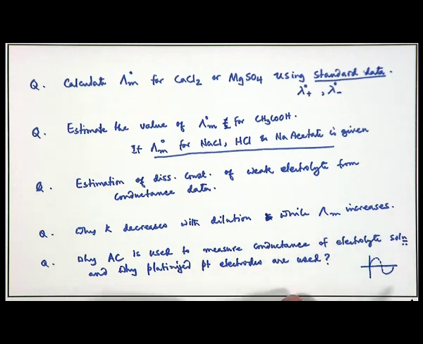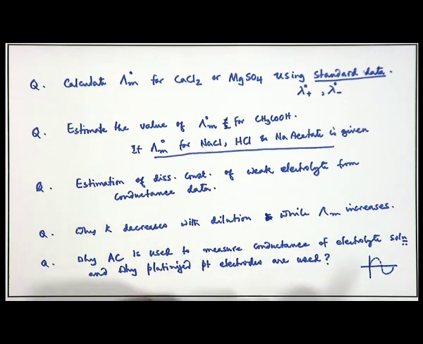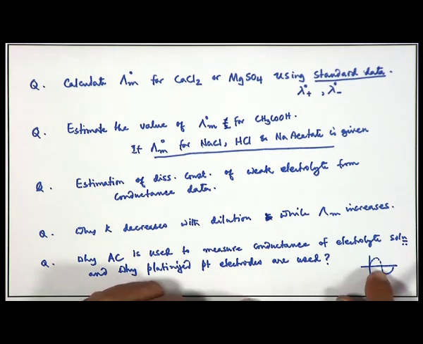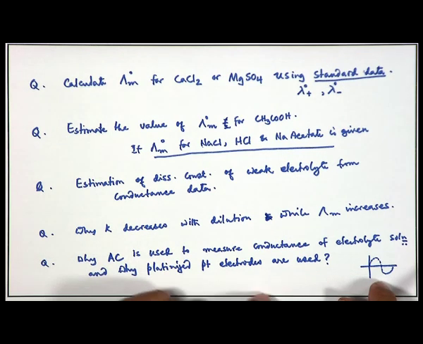If you use a platinized platinum electrode, those two will combine, like oxygen and hydrogen, to produce water back. So the electrode is not affected. But in place of AC, if you use DC, the electrode reaction will take place, and eventually the electrodes will be covered with gases like oxygen and hydrogen. So the electrode will be affected, and measurement of conductance will be hampered.